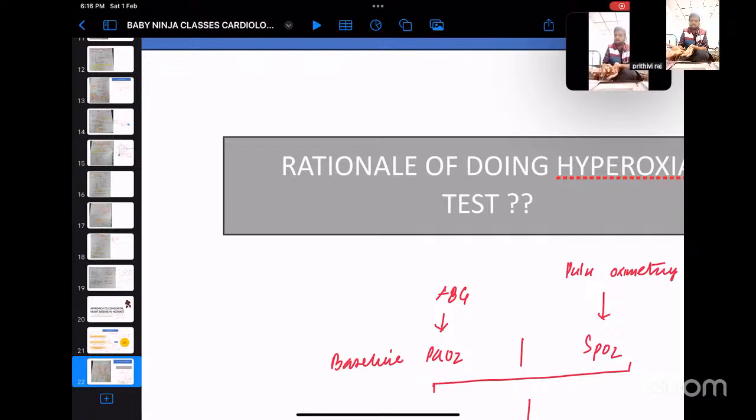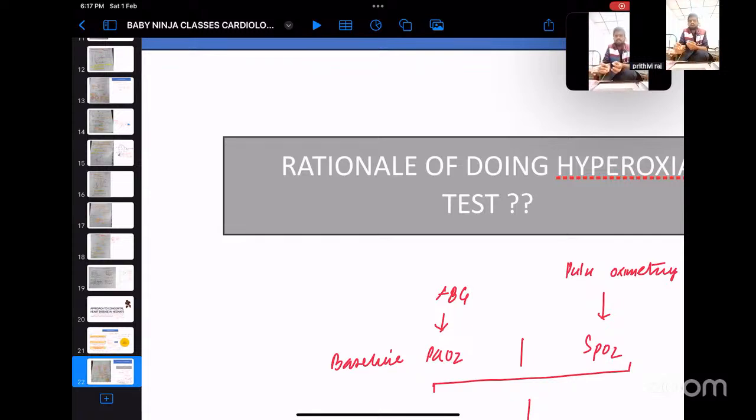The same is the case with ductus dependent pulmonary circulation. For this to happen, in case of both ductus dependent systemic as well as ductus dependent pulmonary circulation, you should have a patent ductus arteriosus. The patent ductus arteriosus is maintained mainly because of the presence of hypoxia. If you give more oxygen, you are going to close this duct.